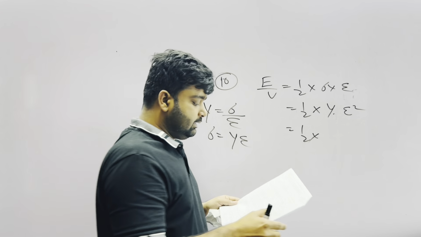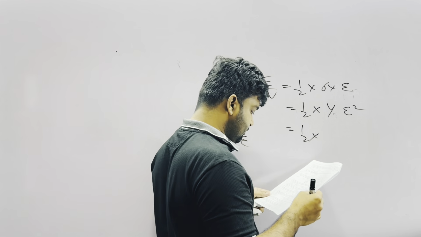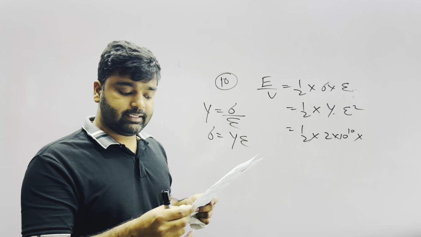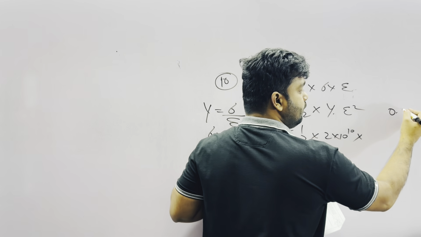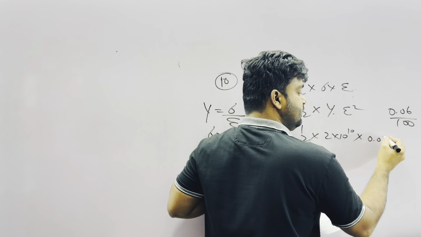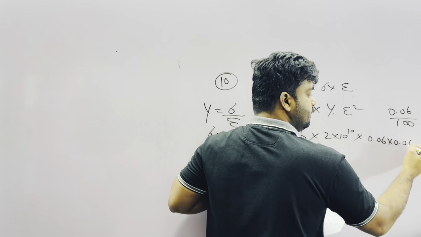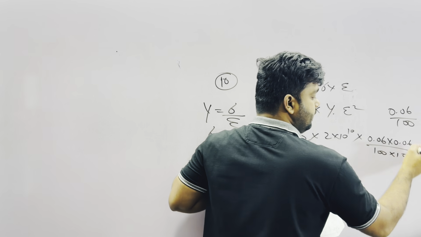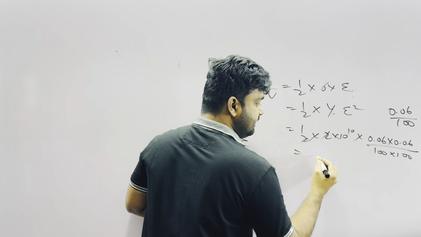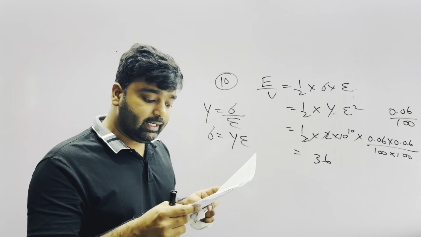Half. Young's modulus is given as 2 into 10 to the power 10. Strain is given as a percentage. Don't forget to make it a fraction: 0.06 over 100. Therefore, 0.06 square over 100 square. Therefore, 2 and 2 will be gone. 6 into 6 is 36. There will be only one answer with 36.